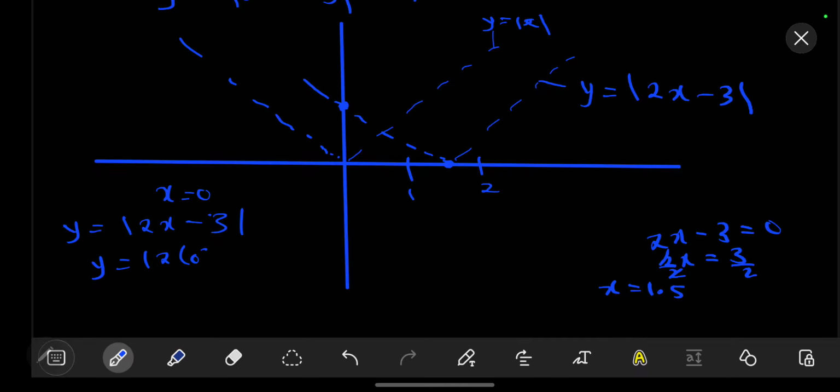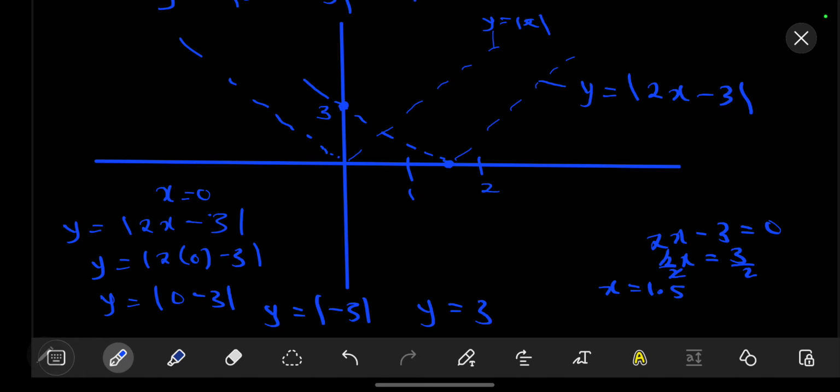So we have 2 times 0 minus 3. We have y equal to the absolute of 2 times 0, which is 0, minus 3. Then y is the absolute of negative 3. The absolute value of negative 3 is equal to positive 3. So here it will pass at positive 3.